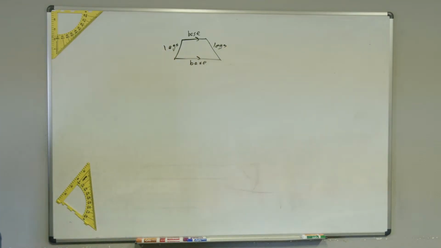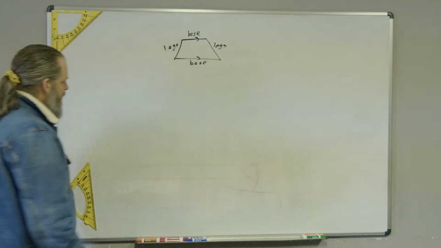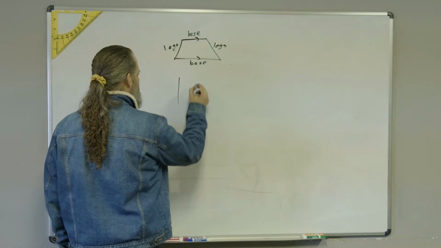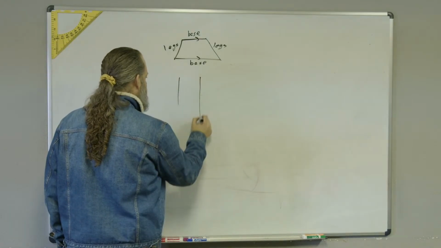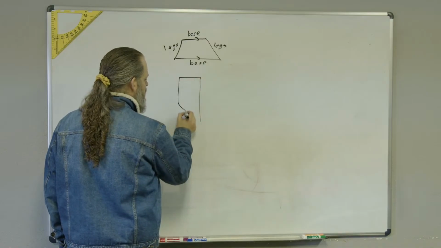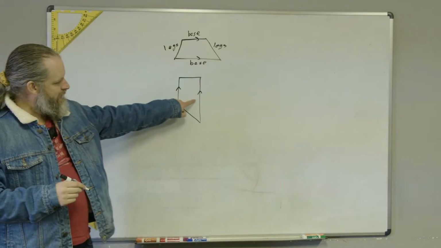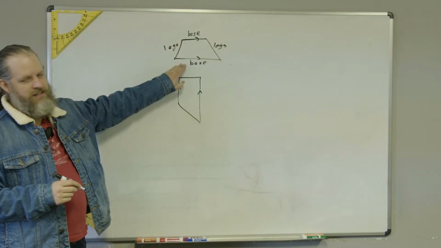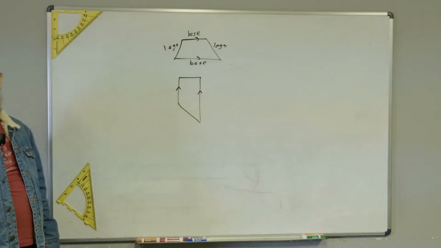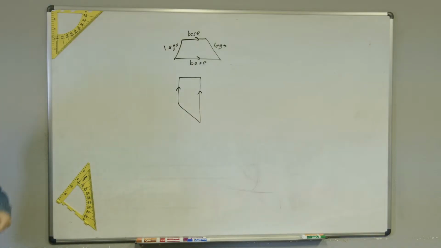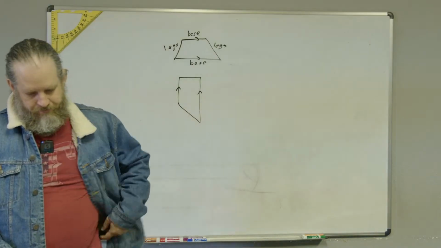So the parallel sides are called bases. So even if the trapezoid is this way, the parallel sides are still the bases, and these are the legs. It's just on its side if you want to think about it that way, right? Easy peasy.